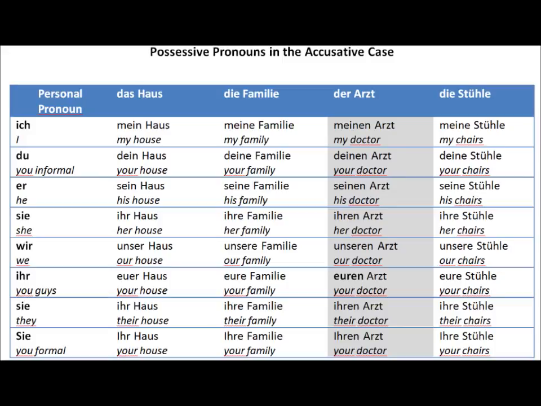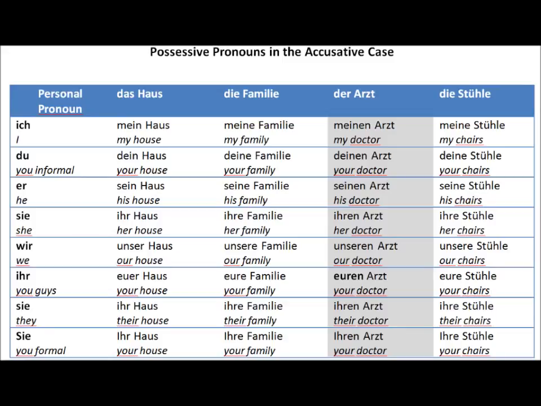Now let's look at the possessive pronouns in the accusative case. Remember that I already made a detailed video about this topic, and I also made a video about the possessive pronouns in the nominative case. So if you're not sure how to use the possessive pronouns in these cases, I would suggest you go back to those other two videos because this is just supposed to be a review, okay, of this topic. All right, so this table shows us the possessive pronouns for each personal pronoun, okay?